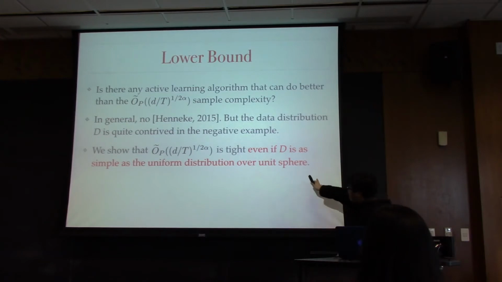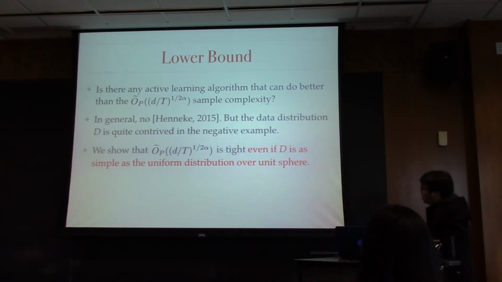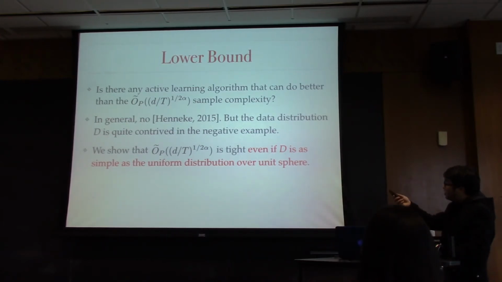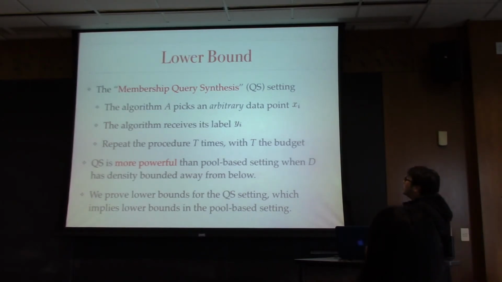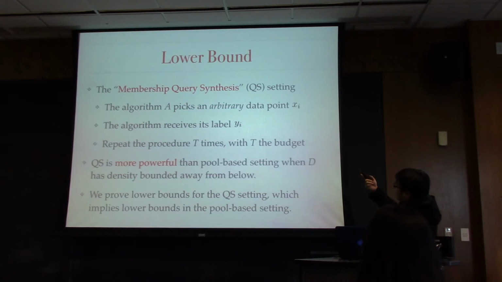So even if the data are uniformly distributed over the unit sphere, I can still show that the error convergence of d over t to the 1 over 2 alpha is the best you can get for any active learning algorithm. Actually, what we prove is even stronger. So we consider a stronger setting, which is called membership query synthesis or selective queries.